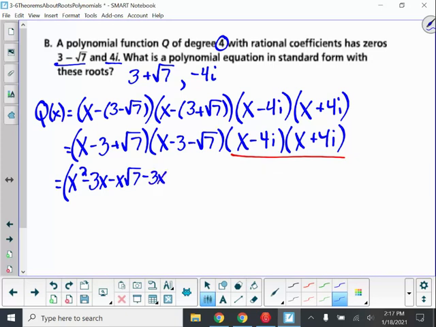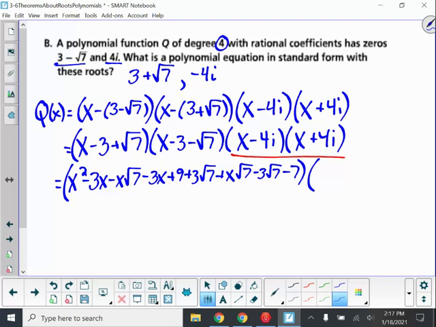Then I have a minus 3x plus 9 plus 3 square root of 7 plus x square root of 7 minus 3 square root of 7 minus the square root of 49, which is just going to be 7.